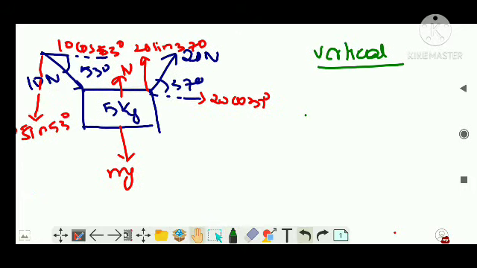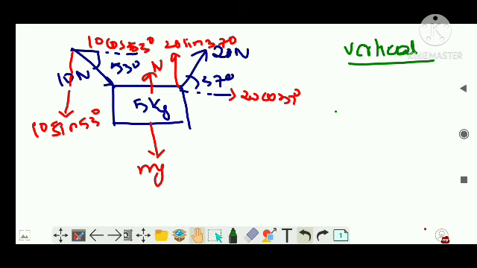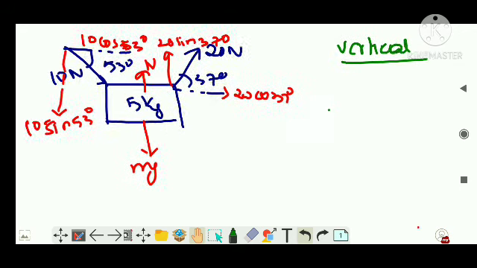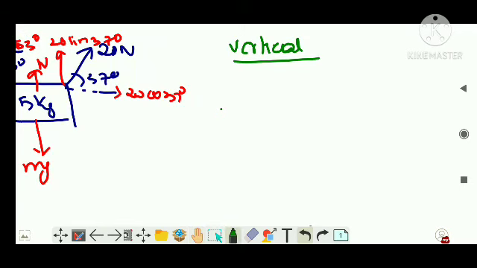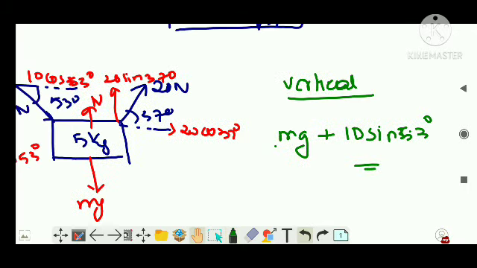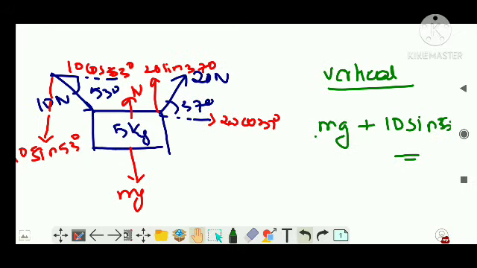First we will write all the verticals which are in the downward direction. Which are in the downward direction? There are two: 10 sin 53 degree, and there is another one which is mg. In place of m I can write 5. So mg plus 10 sin 53 degree is equal to the forces vertically upwards, which is N plus 20 sin 37 degree, which is also upwards.